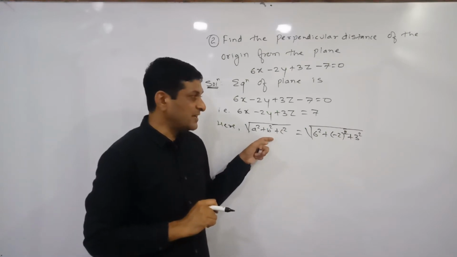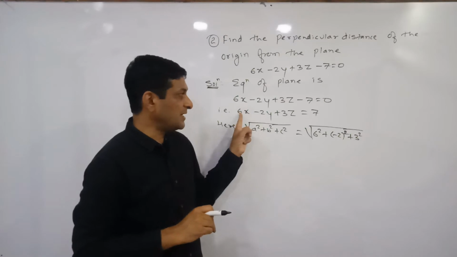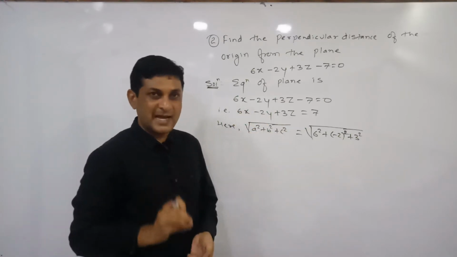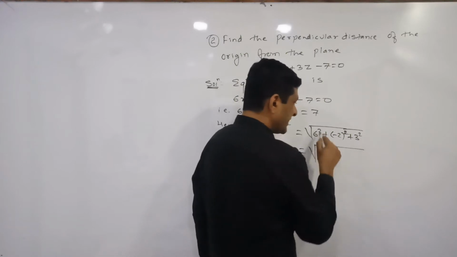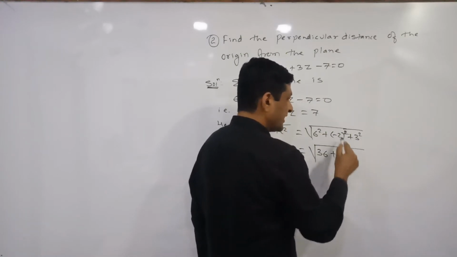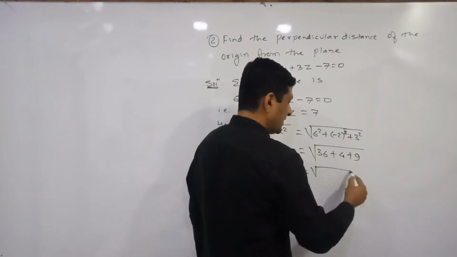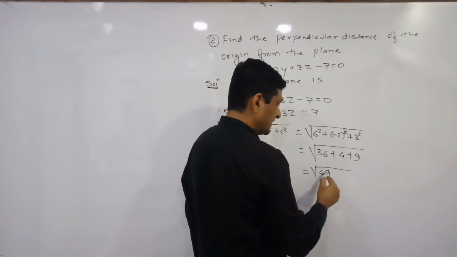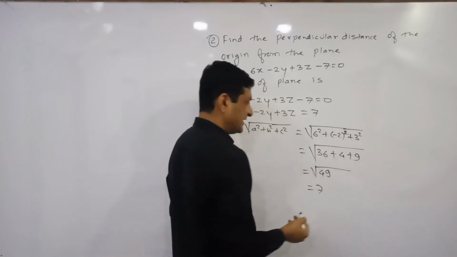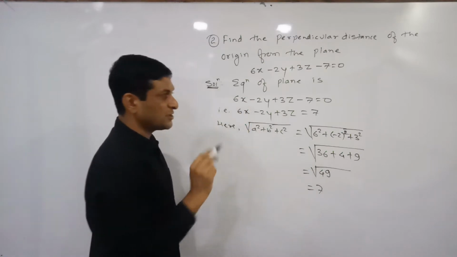And why are we finding the value of the under root? Because using this value we are able to convert direction ratios into direction cosines. So it is under root, square of 6 is 36, square of 2 is 4, square of 3 is 9. So under root 36 plus 4 is 40, 40 plus 9 is 49, which is equal to 7. So divide both sides of this equation by 7.